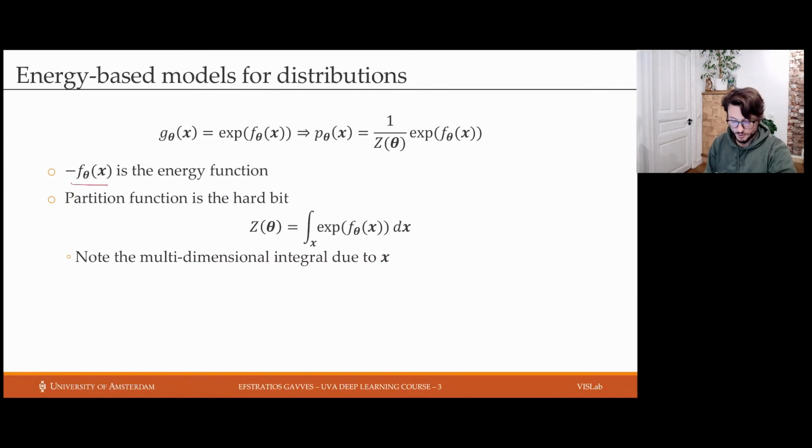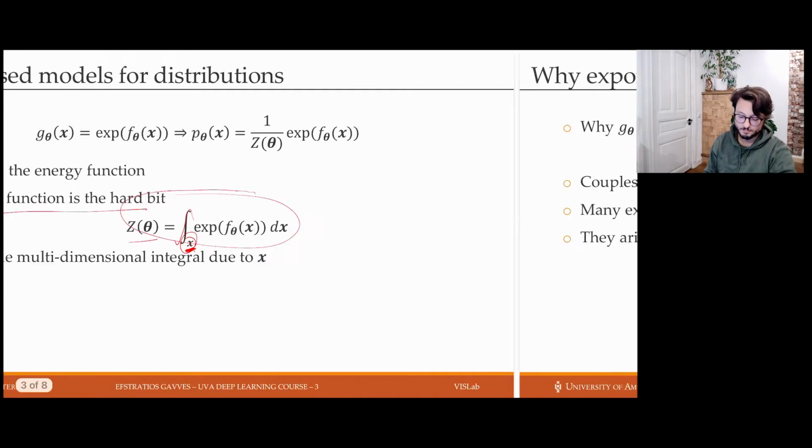Minus f theta is the energy function, and Z theta is the so-called partition function, which is the integral of our exponential of minus energy over the whole input space of x. Now, note here that the integral is defined over all dimensions of x, and x is high dimensional, like an image. So this integral can be quite daunting to compute.